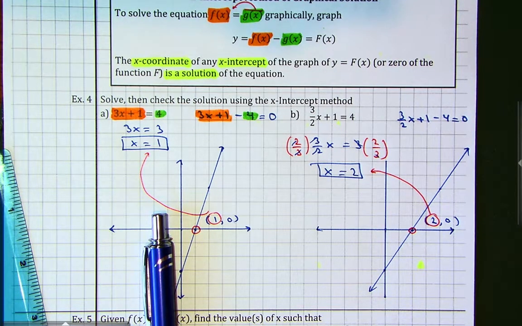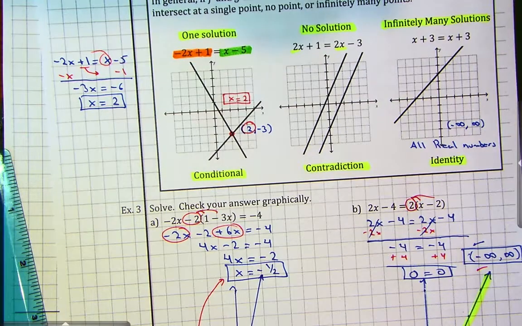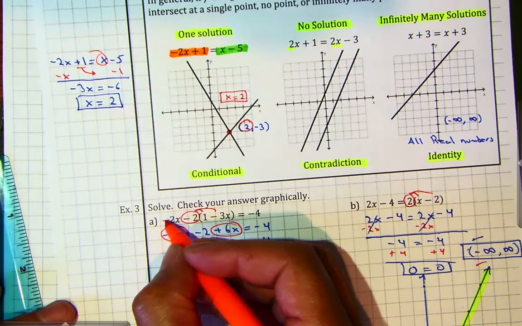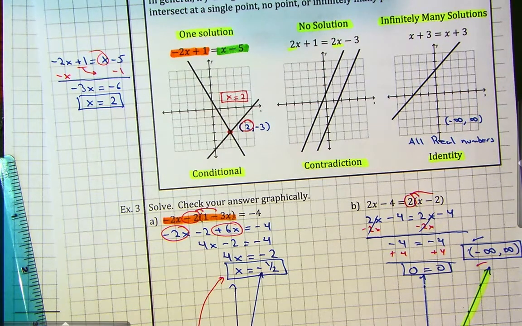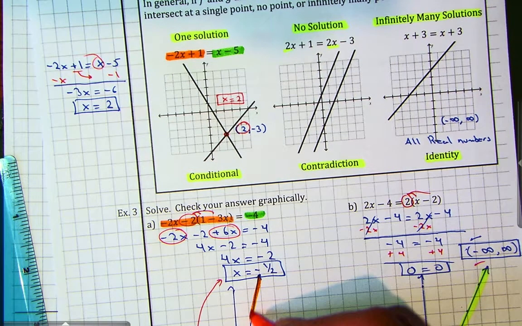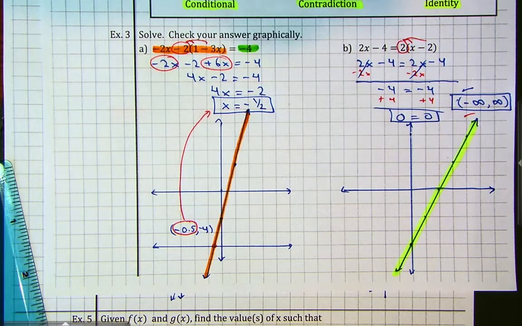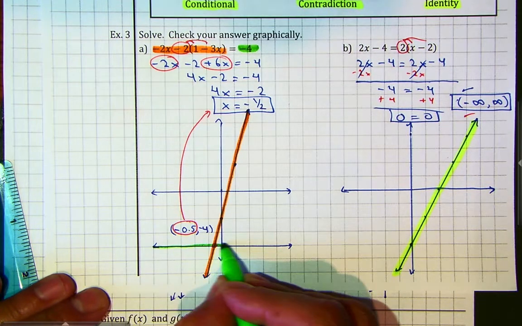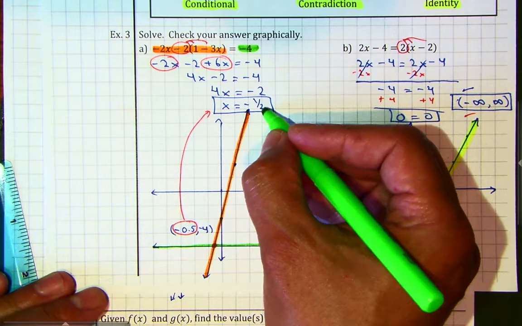So you need to have a good understanding in the class that we can graph each one separately. When you graph each one separately, this is the first one, this is the second one, and the x value of the intersection is your solution.